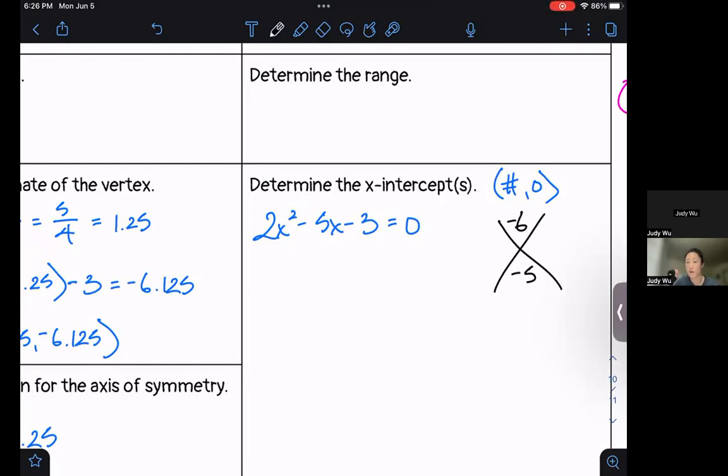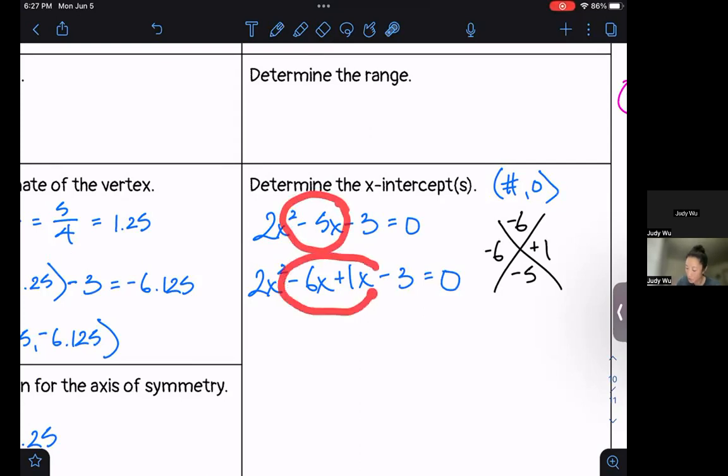Now I'm looking for numbers that multiply to make -6, but add to make -5. And so I end up with -6 and a +1, right? And that means instead of writing 2x squared minus 5x minus 3, I write 2x squared minus 6x plus 1x minus 3 equals 0, right?